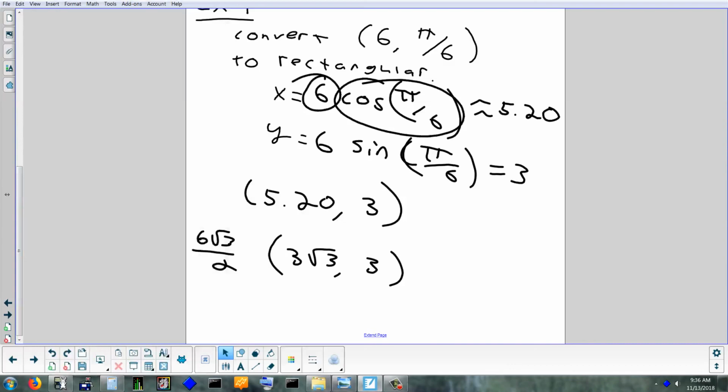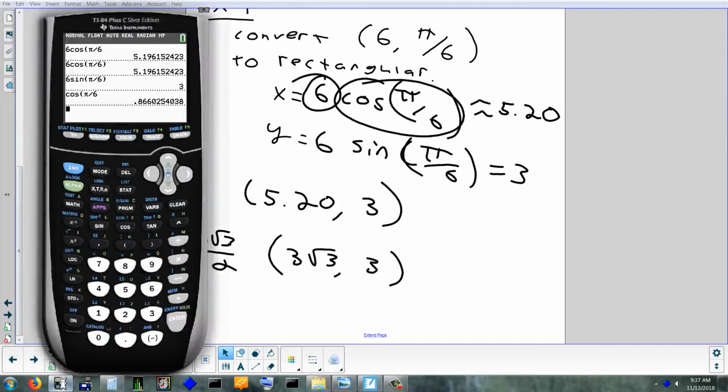All right? The easy way, if you don't remember the numbers in that chart, is if they give you an answer like this, and you get 5.2, just take the answer they got, 3 square roots of 3, change it to a decimal, and see if the decimal matches yours. That's the easiest way to do it if you don't remember the chart.